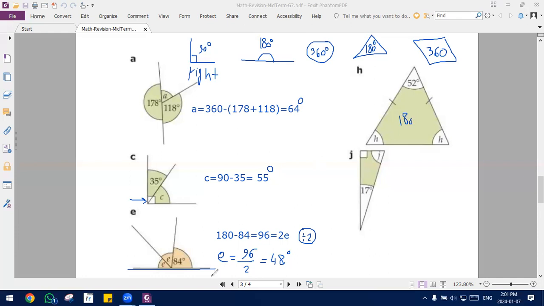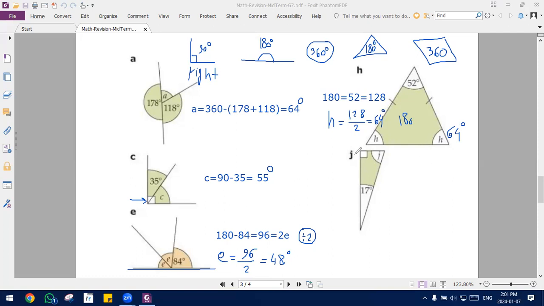So we do 180 minus 52, which is equal to 128. So that 128 is equal to what? Is equal to 2H. Now 1H is equal to 128 over 2, which is 64. So each H is equal to 64.